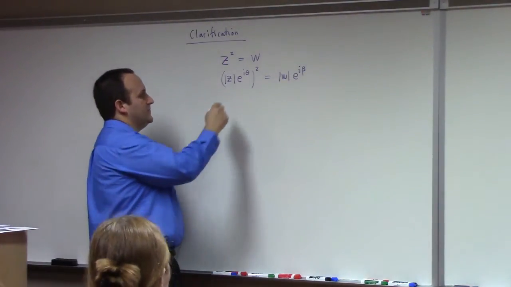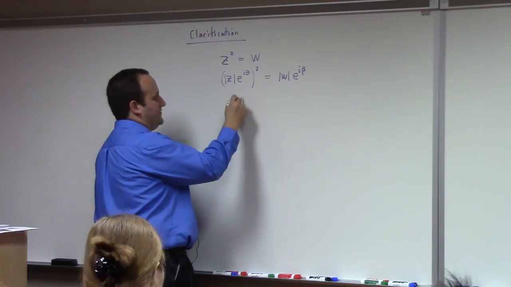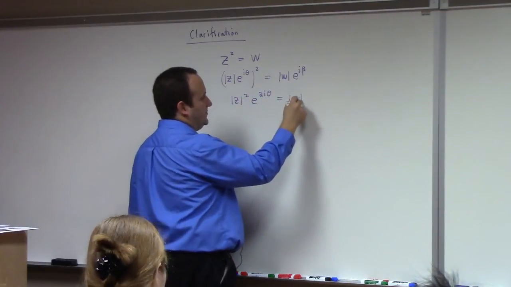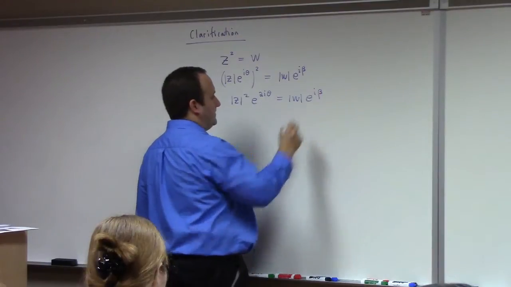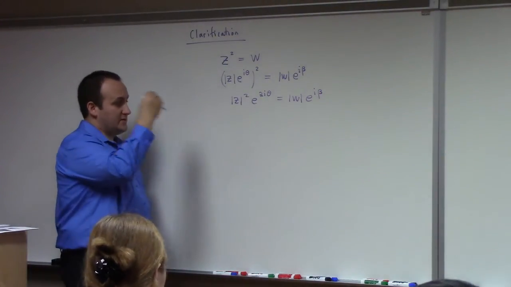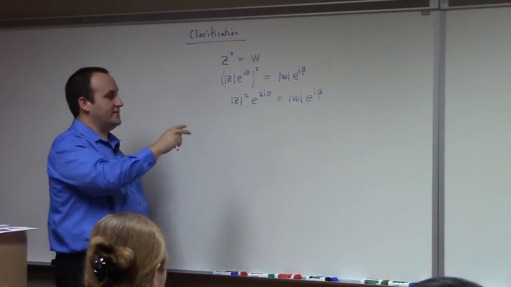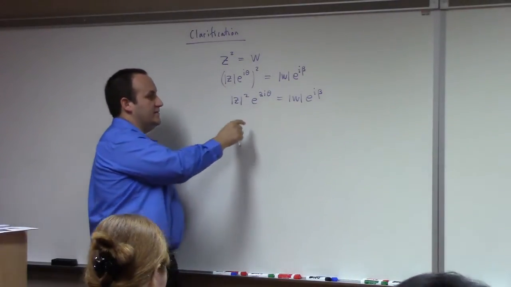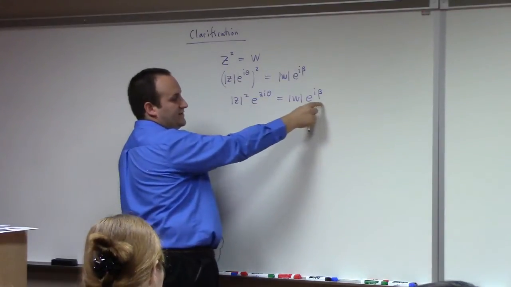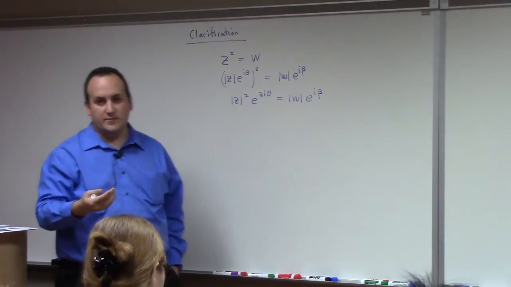And so what that is, of course, is the modulus of z squared e to the 2i theta is equal to the modulus of w e to the i beta, all right? But in order for this equality to hold, what we have here is a vector expression, right? We have a magnitude and a direction vector. Those have to match up, right?